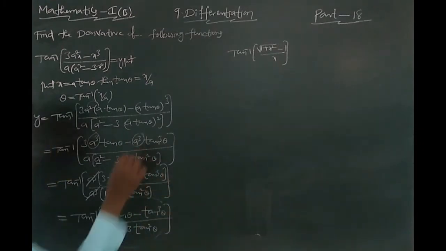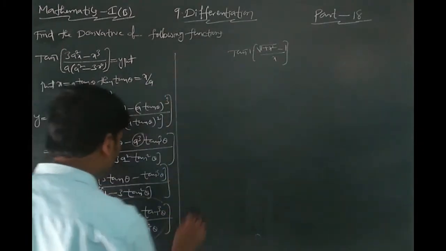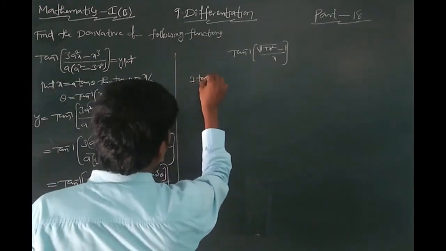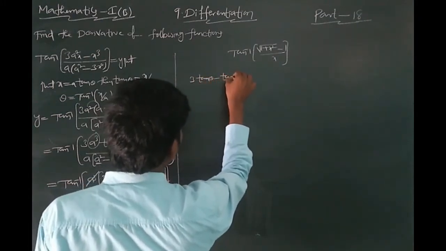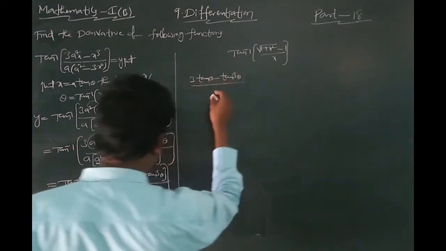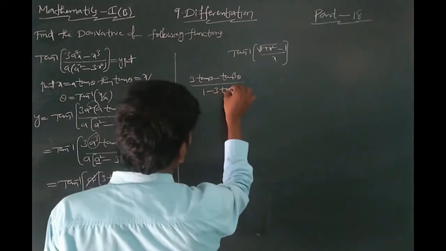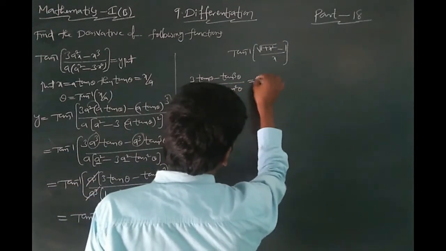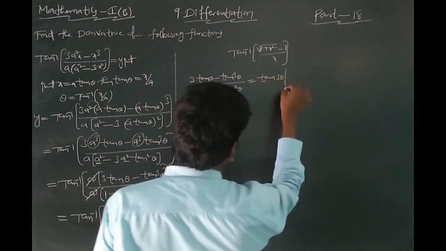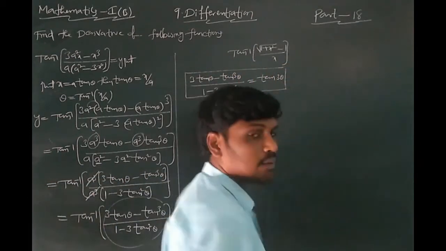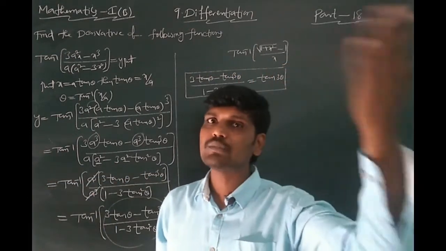What is the value of this one? There is a formula. What is that formula? 3 tan theta minus tan cube theta by 1 minus 3 tan square theta equal to tan 3 theta. The tan 3 theta formula was already explained in trigonometry.